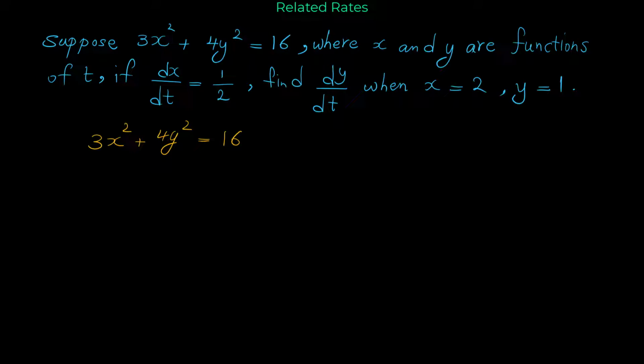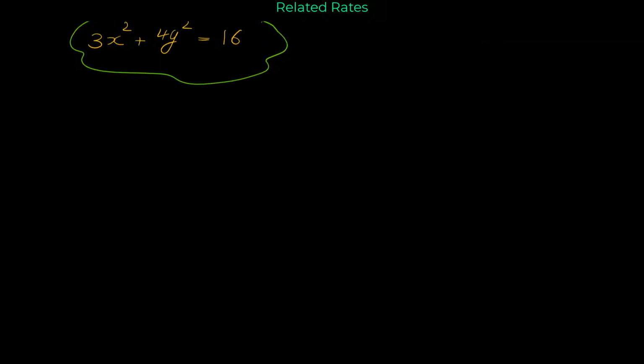Here the equation is this. We have to differentiate both sides of the equation with respect to t, with respect to time. But before we start, let me remind you how we can take the derivative of an expression with respect to t.